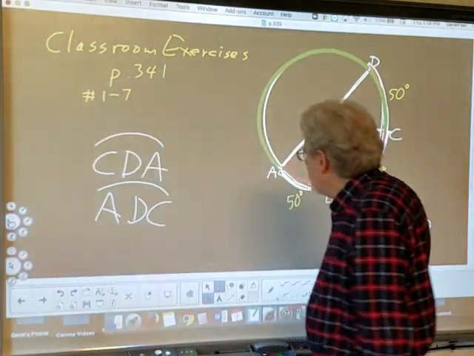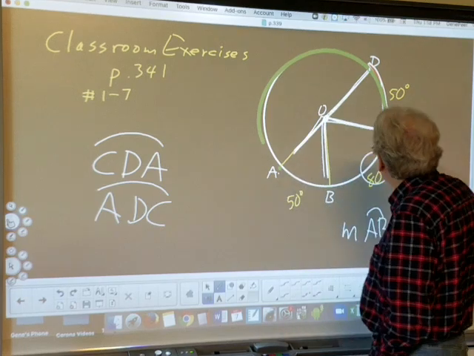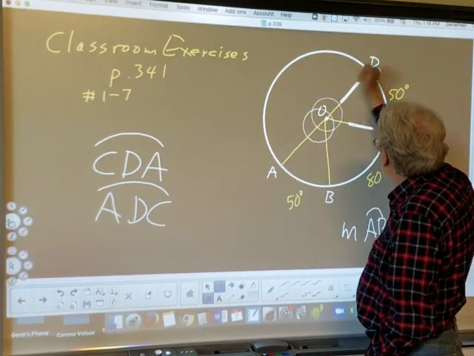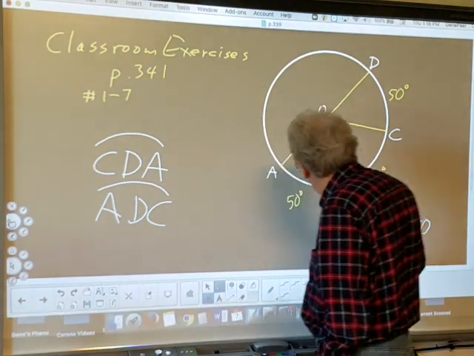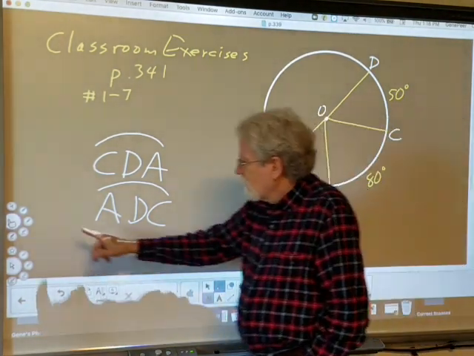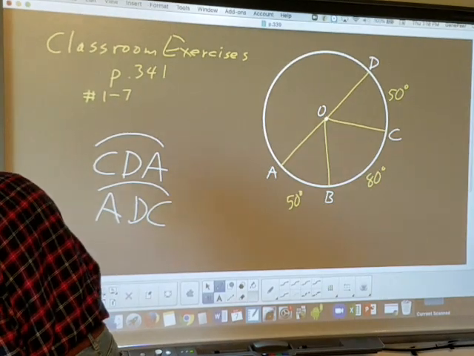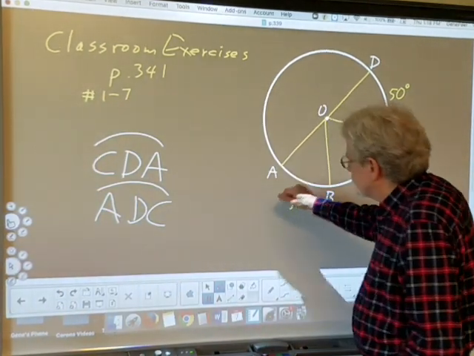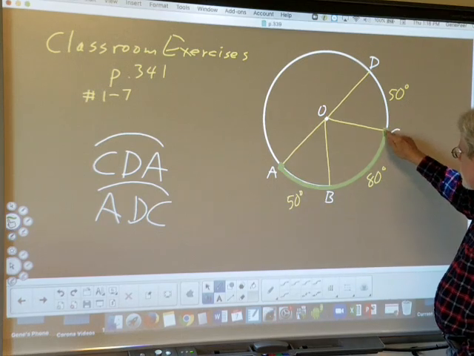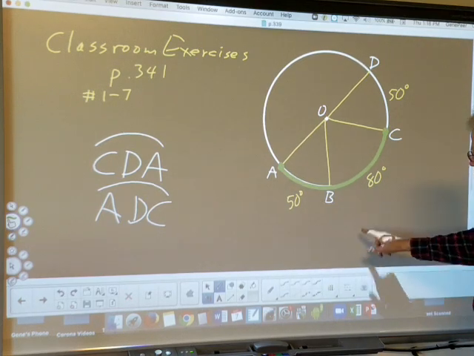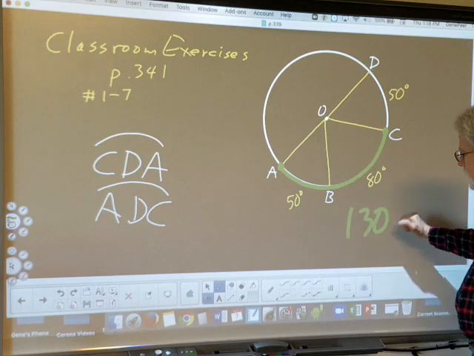The measure of arc AC, you have to employ the arc addition postulate that we just proved a few moments ago. Arc AC from here to here would be a measure of 50 plus 80, otherwise known as 130.